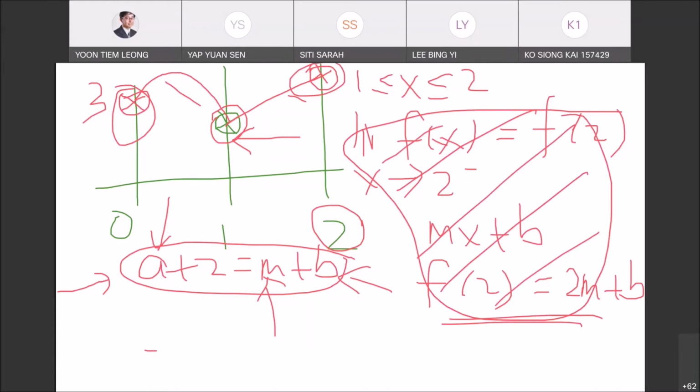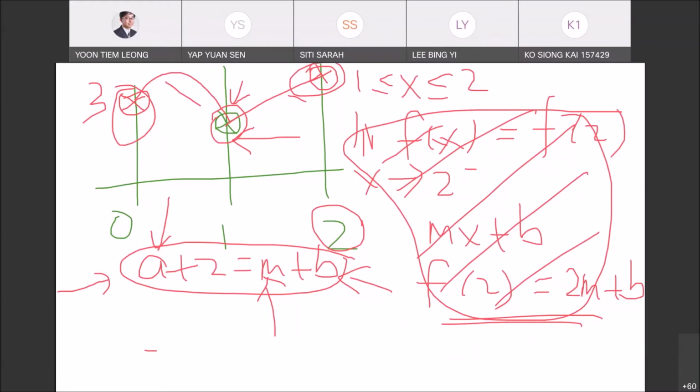So the correct way is to look at the intermediate value problem at x equals 1 and require that the function has to be continuous. Not only continuous, the theorem requires the function to be differentiable at the point x equals 1.